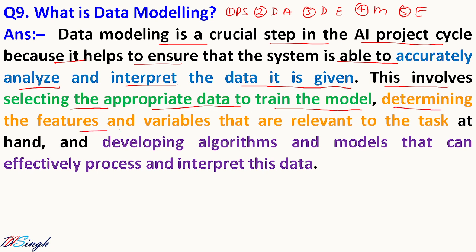Determining the features and variables that are relevant to the task at hand. In the modeling phase itself, a programmer or a person who is developing that model tries to understand what features and variables in the data are going to affect the task we are trying to solve using that model. Like if you are studying climate change, then one of the data must be temperature or humidity or precipitation, like glacier melting.